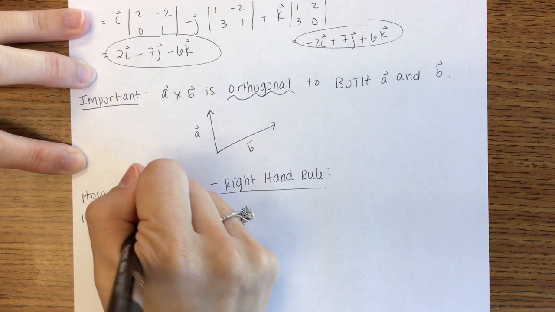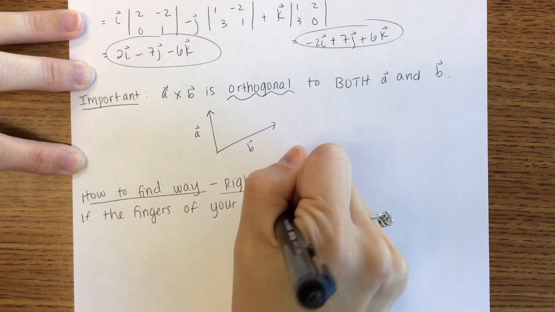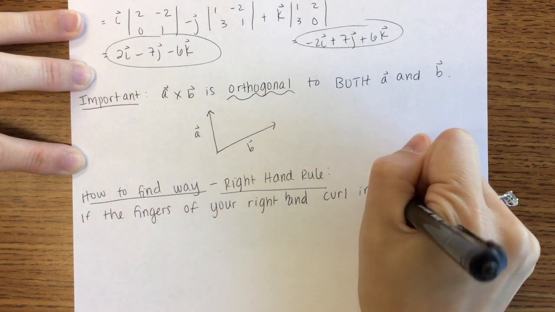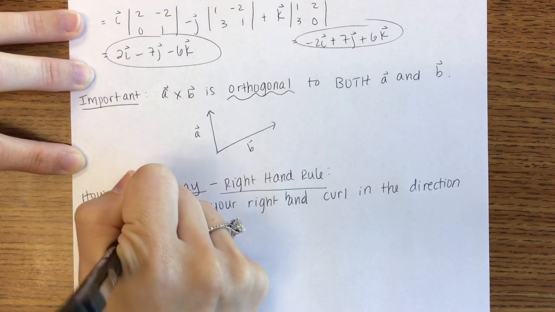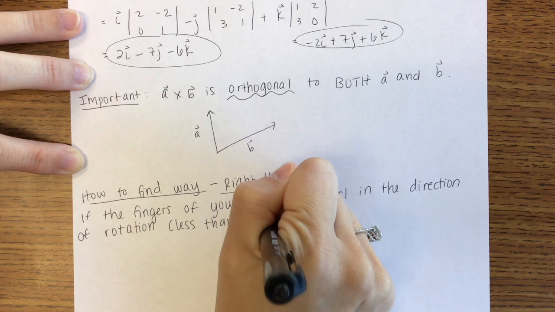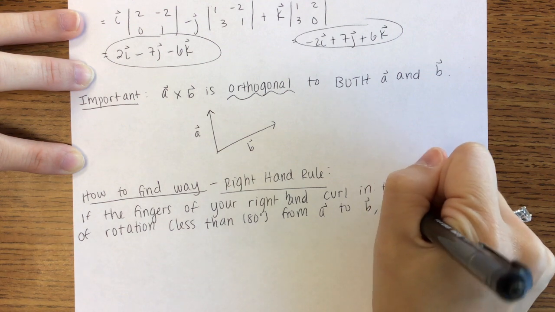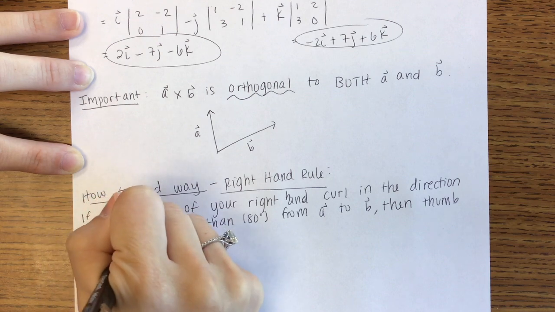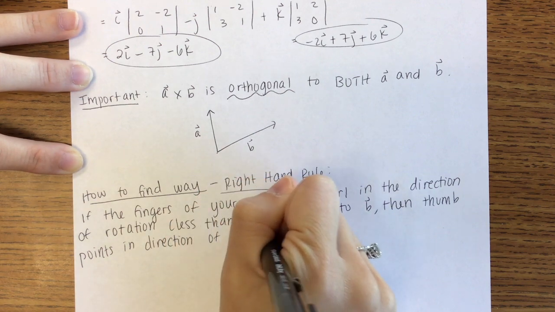If the fingers of your right hand curl in the direction of rotation, so what I mean by that is the direction that's less than 180 degrees, from A to B, then your thumb is going to point in the direction of A cross B.